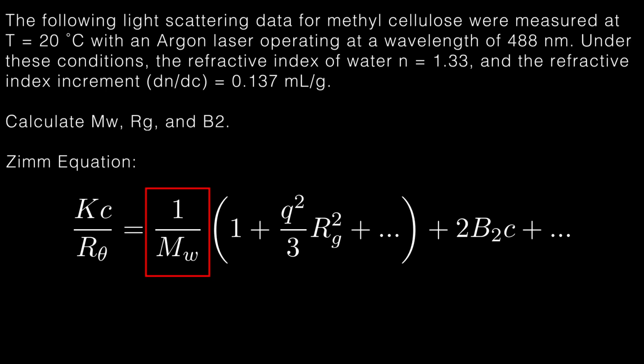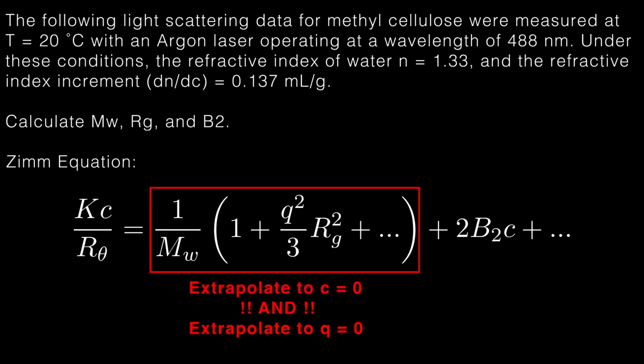But the problem with just finding the y-intercept is that both Q, the scattering vector, or in other words the angle, is changing. At the same time, we need more information. We need multiple concentrations if we want to get the value of the second virial coefficient.